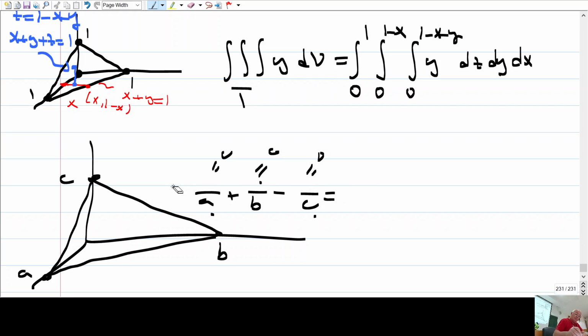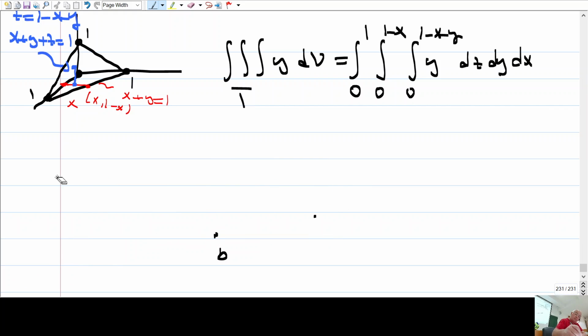All right. Now you just compute this iterated integral. First, you compute the integral of y with respect to z. Well, what is that? Of course, I consider y as a constant with respect to z. Therefore, the integral of y is just y times z.